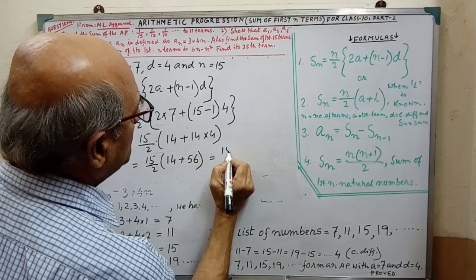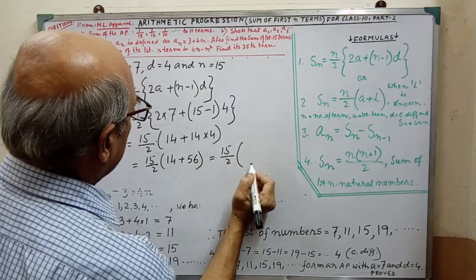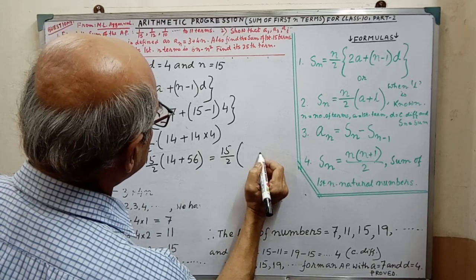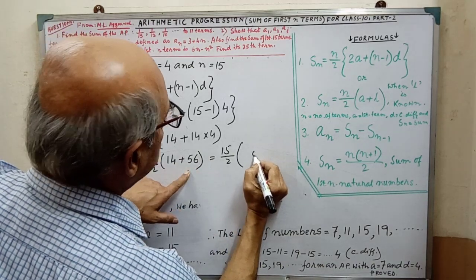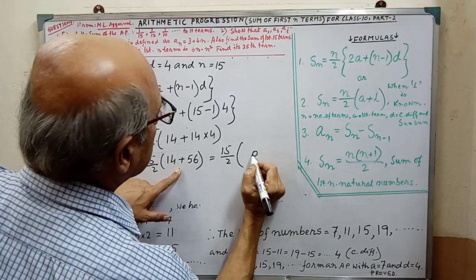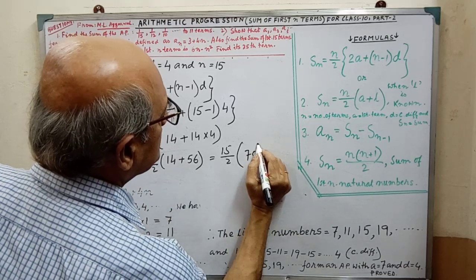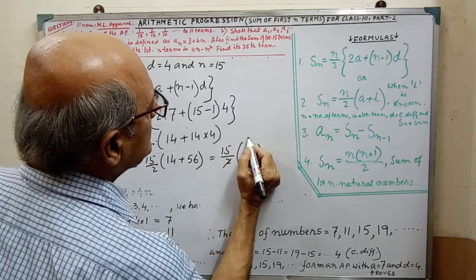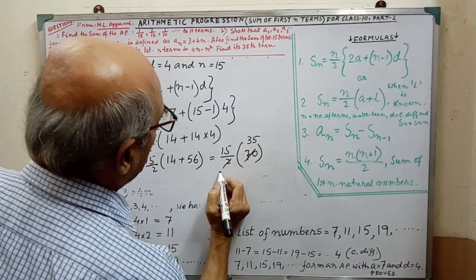Then 15 by 2, then it is coming 70, and 7, this, and it will be cancelled. After cancellation it is coming 35.